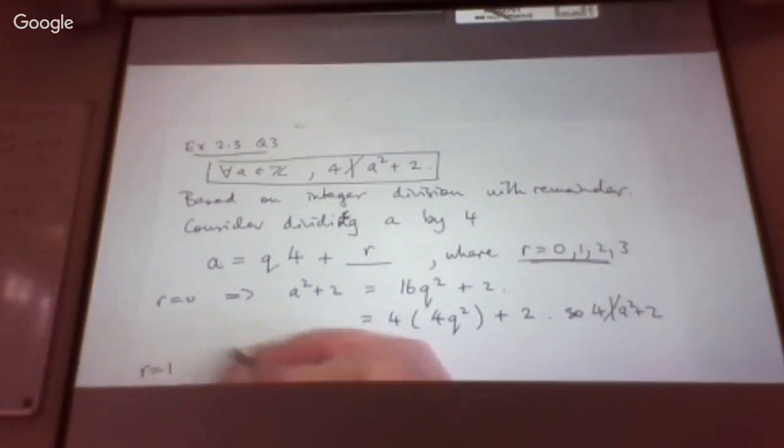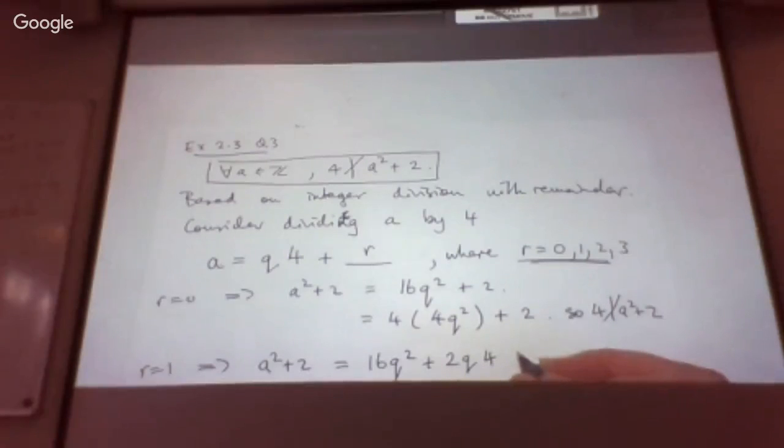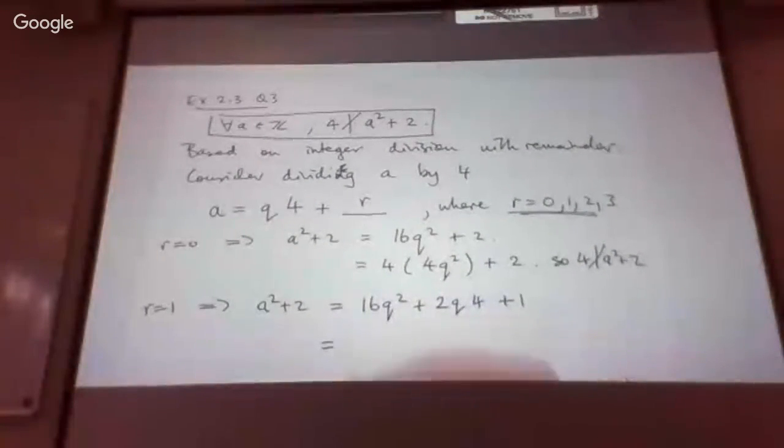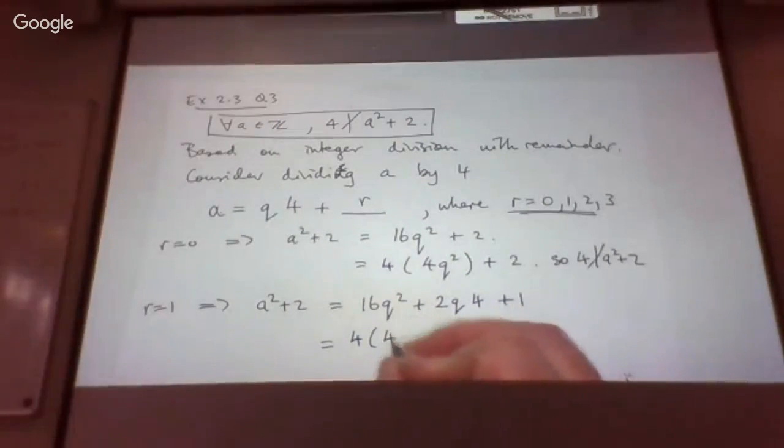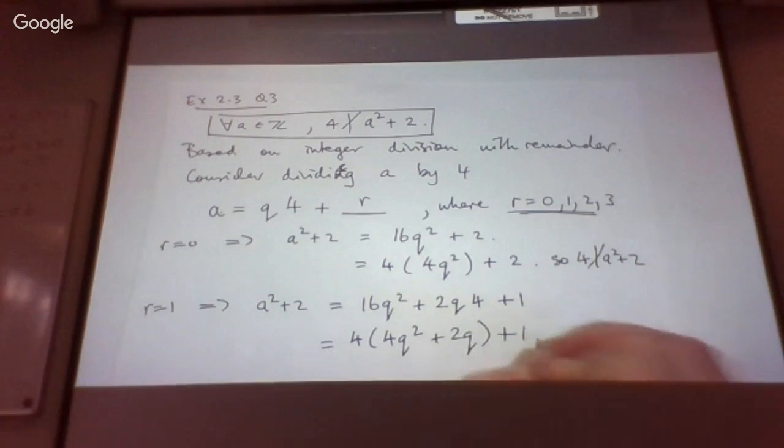You can just check all the others as well. If r is 1, then a squared plus 2 is, so you still get 16q squared, plus 8q, and then plus 1, so you get a 1 at the end. I don't really want to write that as 8q, because straight away I want to factorize it. You see 4 times 4q squared plus 2q, plus 1.